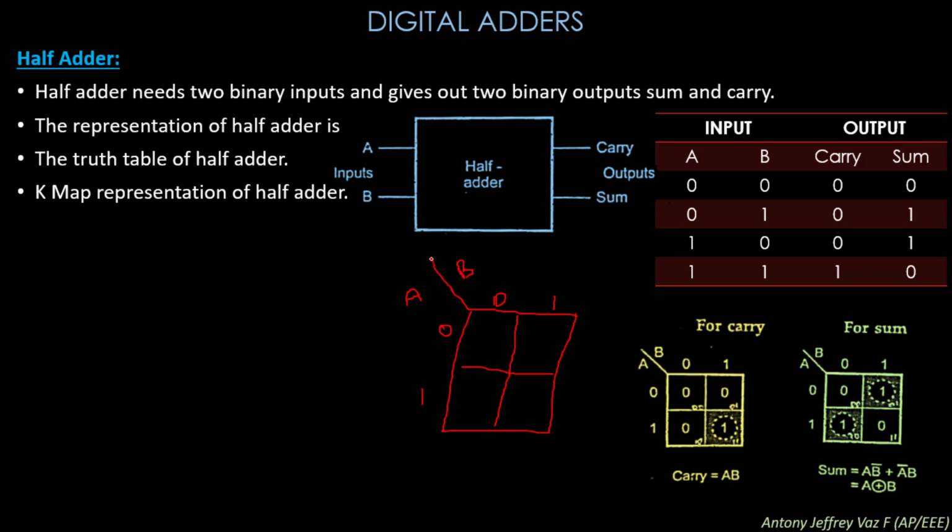After doing this, you can see the mapping of the sum. When A and B are 0 and 0, the sum is 0. So this is 0 and this is also 0, and you put 0 here. Then for 0 1, you put the sum equal to 1.